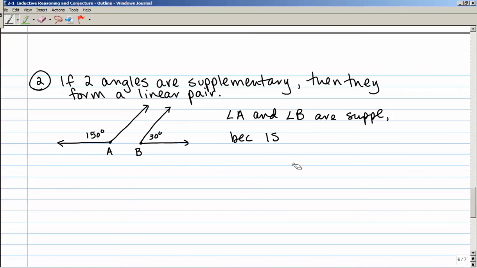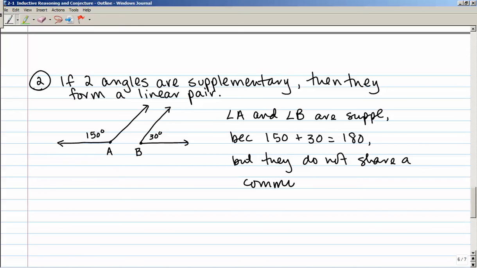because 150 plus 30 equals 180, but they do not share a common side, so they're not a linear pair.